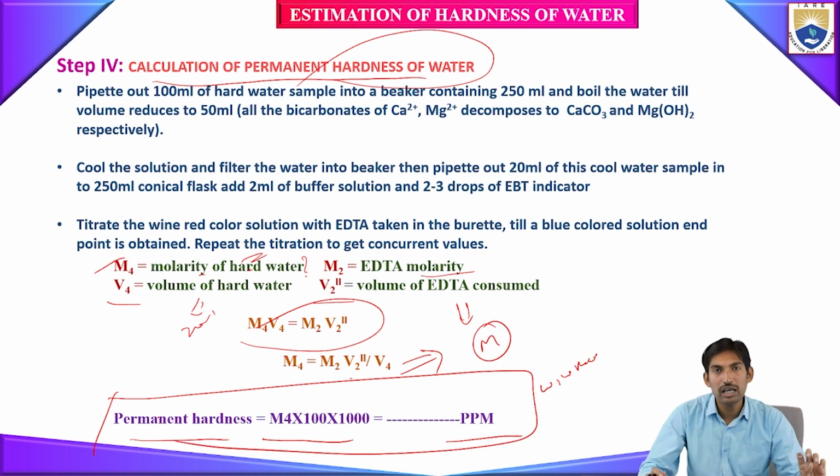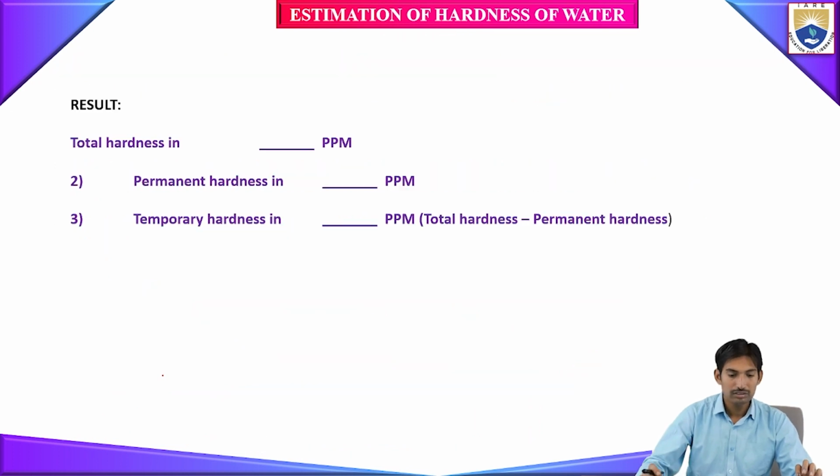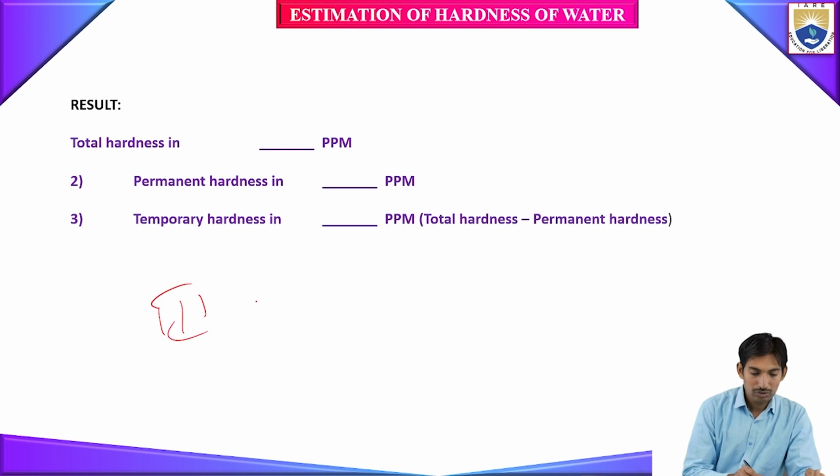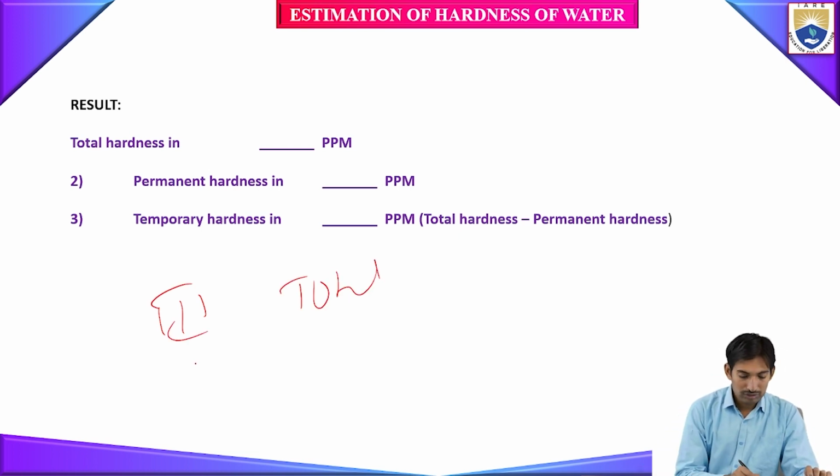In the previous step we calculated total hardness. In this step, by boiling we remove the temporary hardness and only get the permanent hardness of water. So, result C. In the second and third steps we calculated the total hardness of water, and in the fourth step we got the permanent hardness of water.